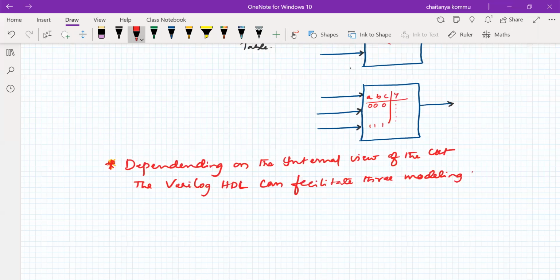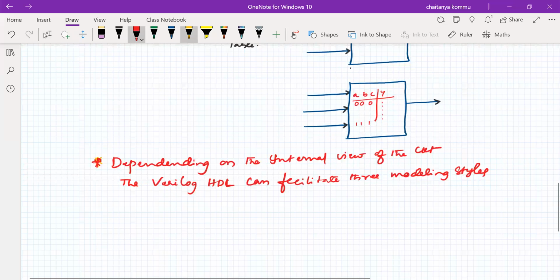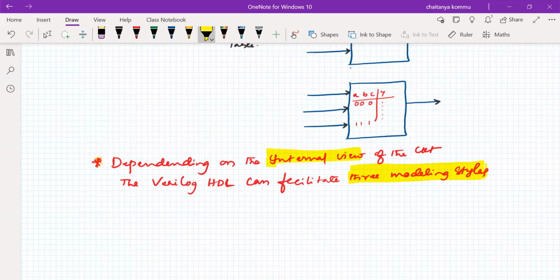Three modeling styles, essentially. So that is a very important point we have to remember. It mainly depends upon the internal view, how we are looking at the circuit.